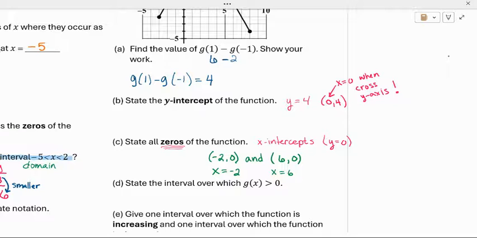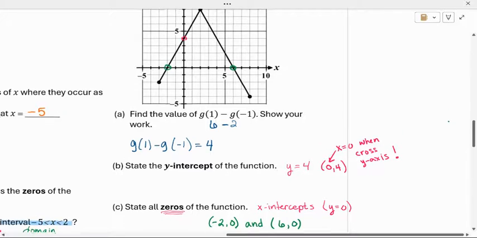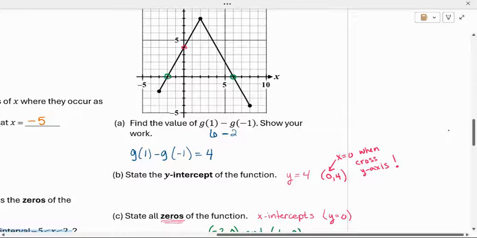Question D says, state the interval where your function, your graph, is greater than 0. That means it lies above the x-axis. So let's go up here and look. Remember that when you cross the x-axis, you're changing from positive to negative.